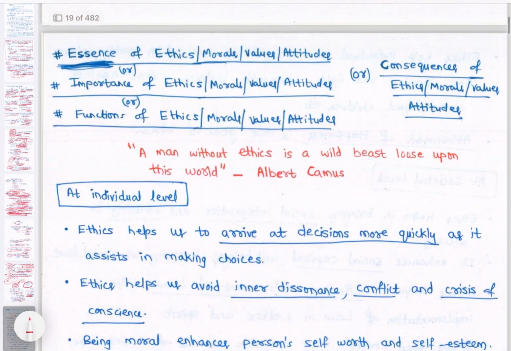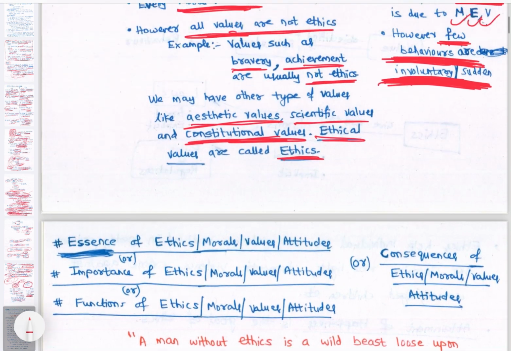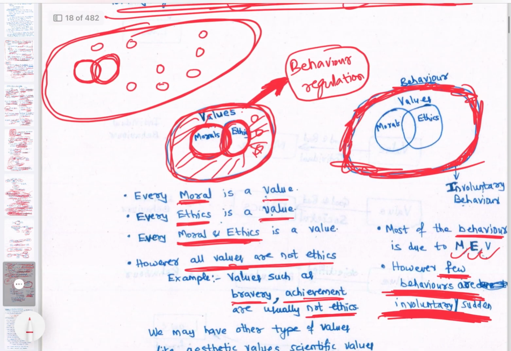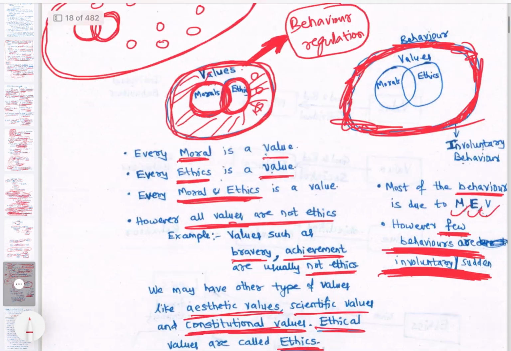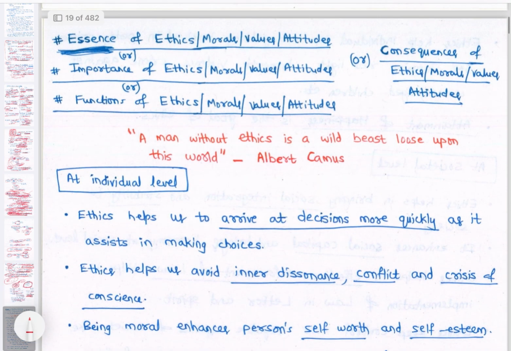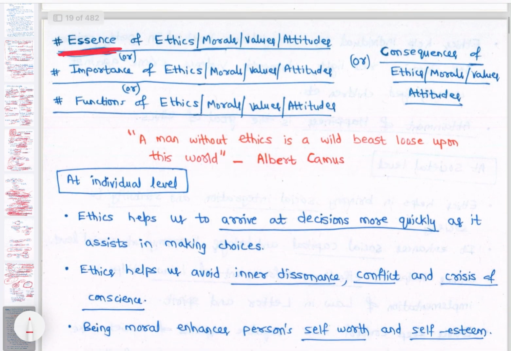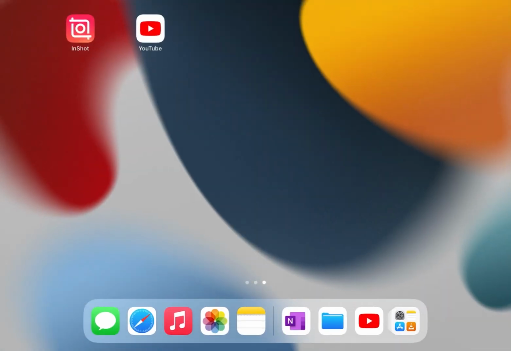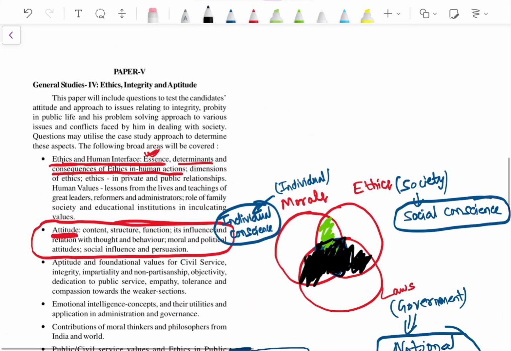Okay. So this is the basics. Let's revise the basics once. In the next class we will start with the syllabus, that is, essence of ethics. Essence of ethics is given in the syllabus.